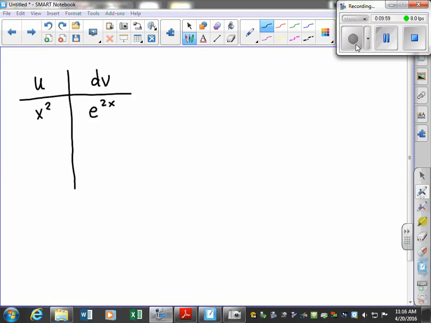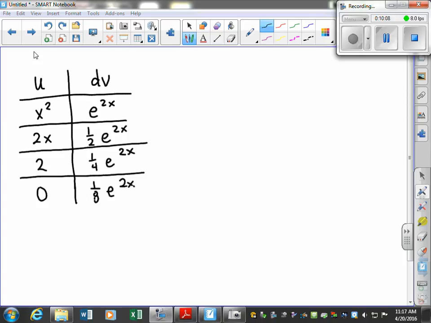Okay, just setting it up, your x squared and your dv. Now differentiate this side to 0 and then integrate this side. Okay, so taking the derivative all the way to 0 over here, taking the antiderivative over here. Now let's go ahead and write this down.